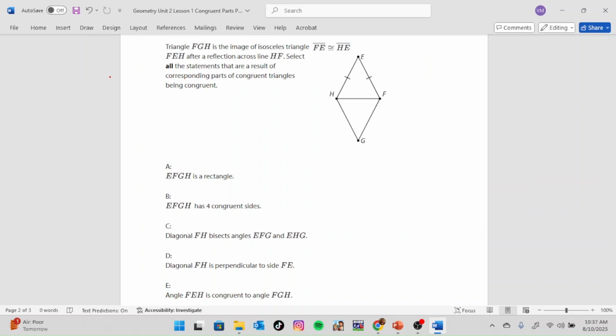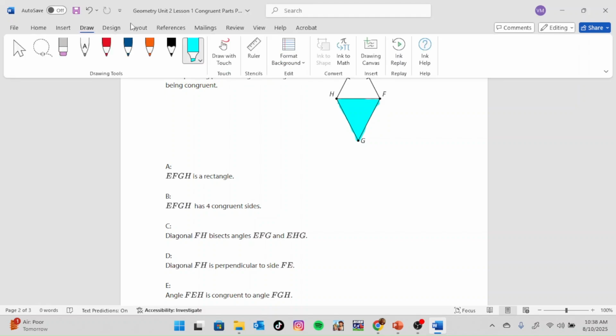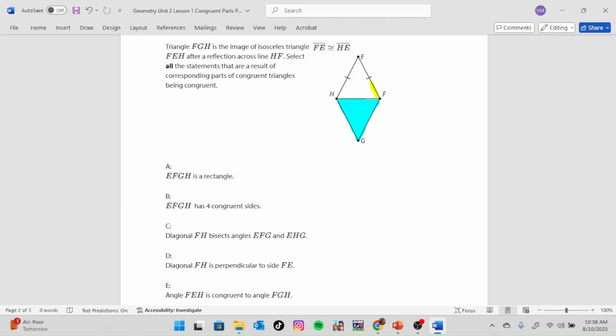Triangle FGH, meaning the bottom triangle, is the image of isosceles triangle FEH, meaning the top one, after a reflection across line HF.